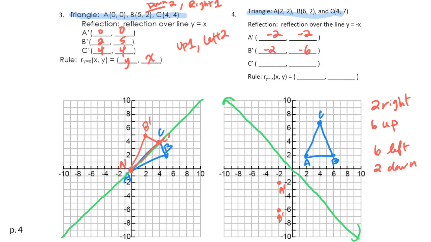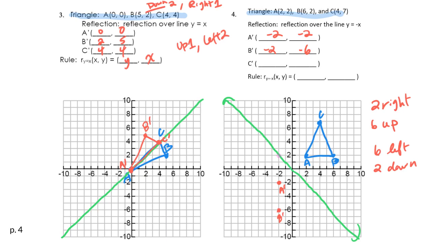So let's actually figure out where our image point C prime is going to be. So I want to just pick a point on my central line and see how C compares in position to the central line. So I'm just going to pick this point, and let me highlight it so I can keep track of that. So let's say that this is the point that I'm going to be referencing on my central line.